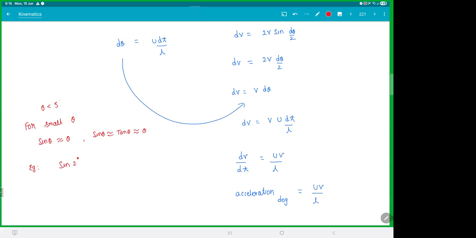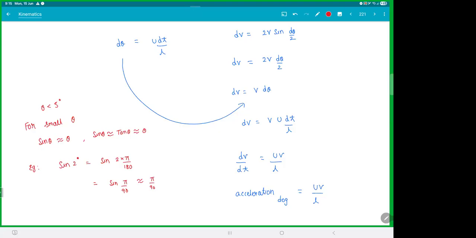Be careful, sine 2 degrees is not 2. You have to first convert it into radians. Sine 2 degrees is sine of 2 into pi by 180 radians. This is a small number, sine pi by 90, so this is almost equal to pi by 90. Pi is 3.14, divided by 90. That's a small number. Are you clear with that? Don't say sine 3 is 3. The value of sine can't exceed 1.